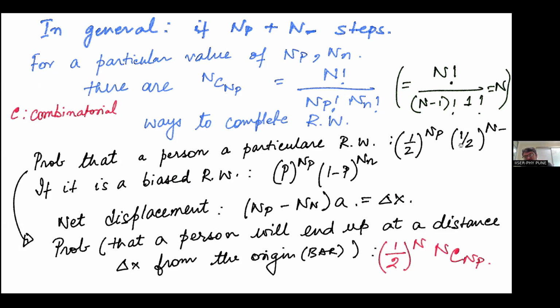On the other hand, if it's a biased random walk, suppose the probability of taking a positive step is p, and the probability of taking a negative step to the left is 1 minus p, then the probability of taking such a random walk with NP positive steps and NN negative steps will be this.